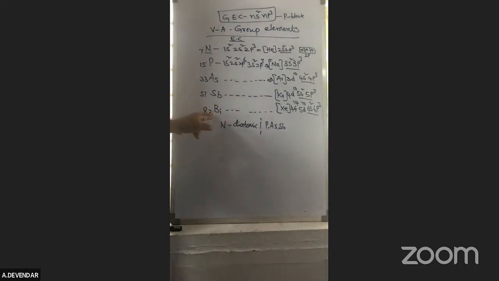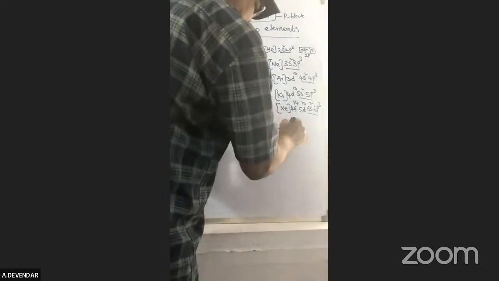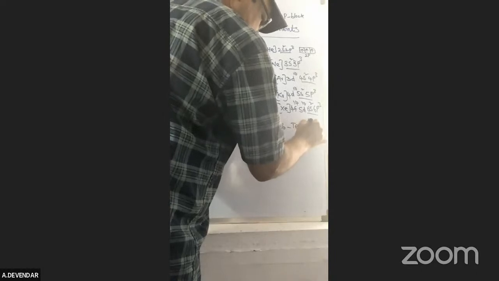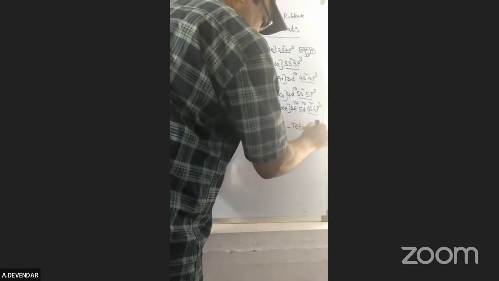Bismuth is radioactive, because after 82 lead comes bismuth. Lead is a non-radioactive element; from bismuth onwards the elements are radioactive. These three appear in a tetraatomic state.